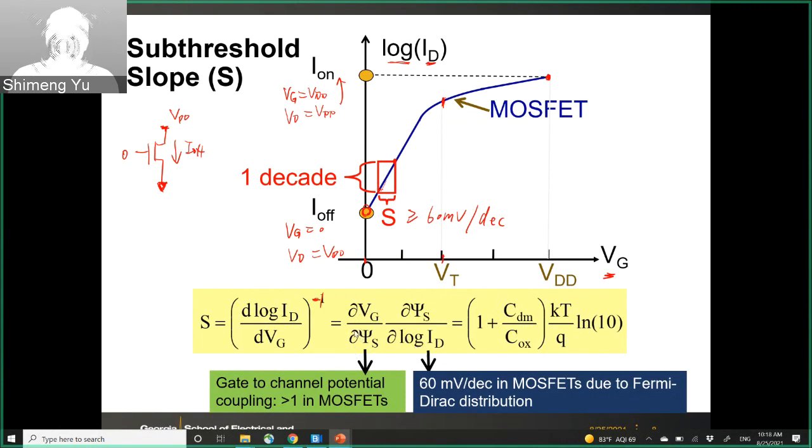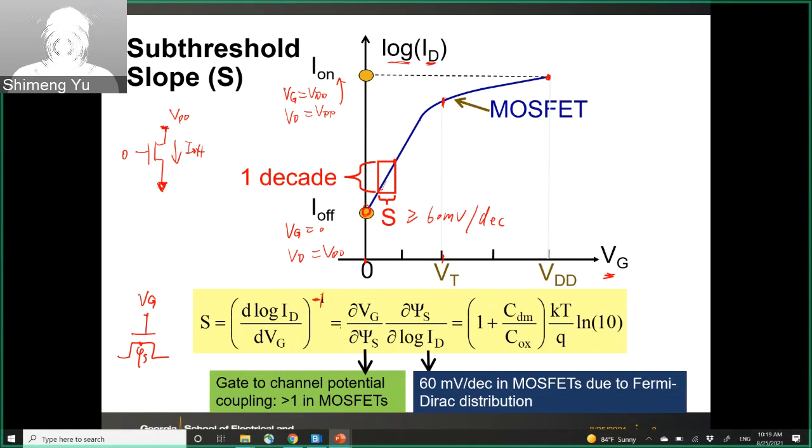So the first term essentially tells you how effectively the gate voltage you applied externally can affect the channel potential internally. So this is essentially the coupling from the gate voltage to the channel. So that means what? If you think about the transistor, you apply the gate voltage externally, but the channel has a certain voltage potential.